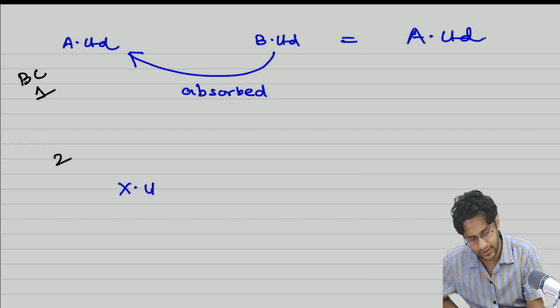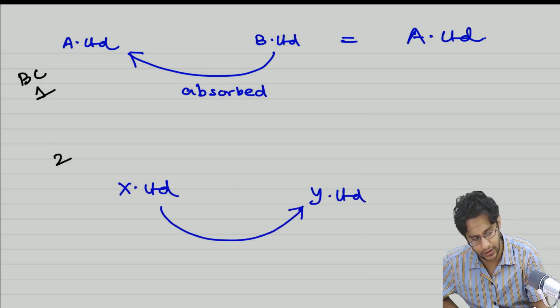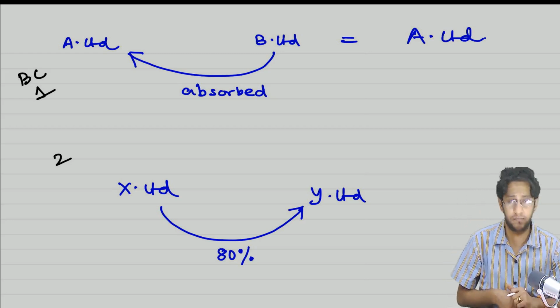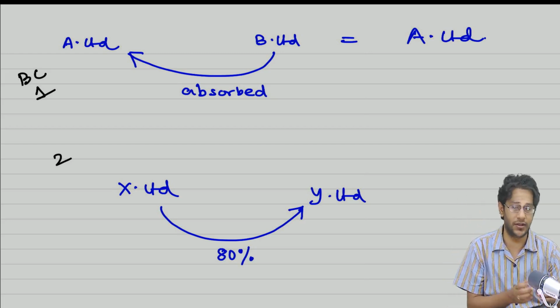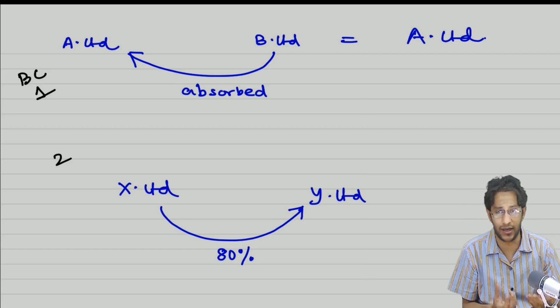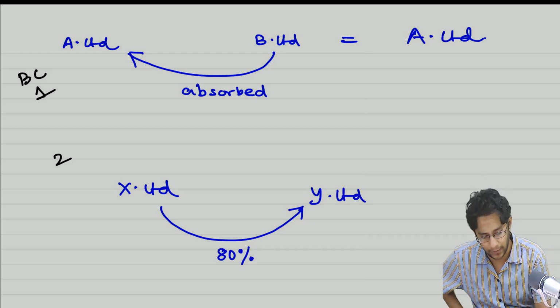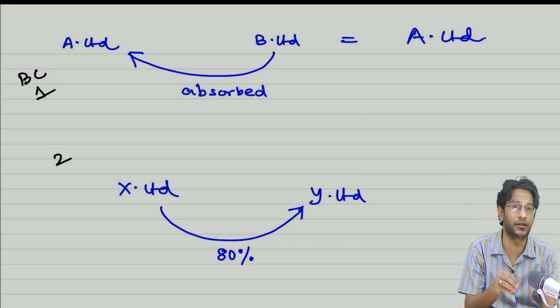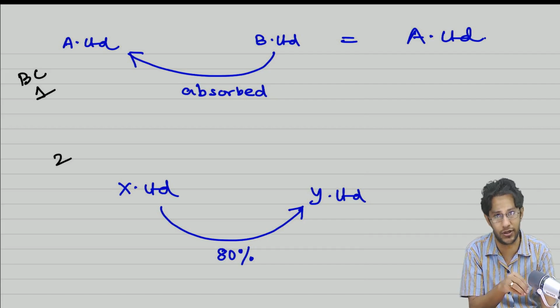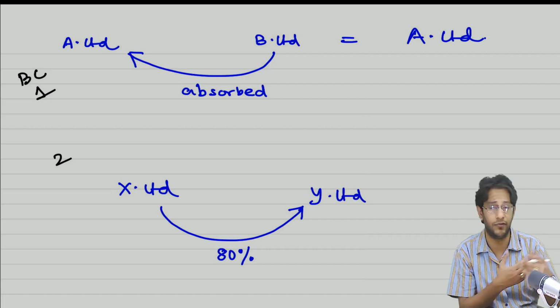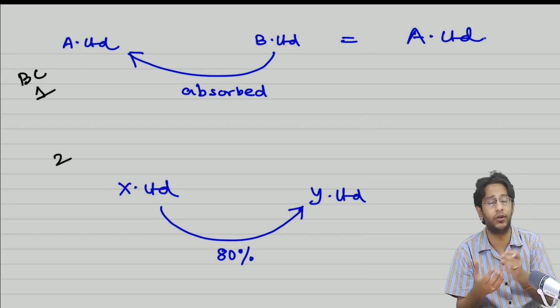X limited is one existing entity. Y limited is another existing entity. X limited purchased 80% shares in Y limited. Normally, because of this 80% shares, a parent subsidiary relationship gets established, and therefore we all know that we have to do consolidated financial statements. Because you purchased 80% shares in Y limited, this control acquisition is happening here, because more than 50% voting rights are there with X limited.